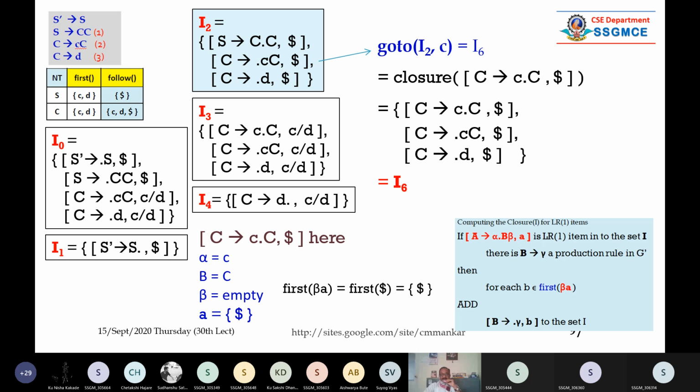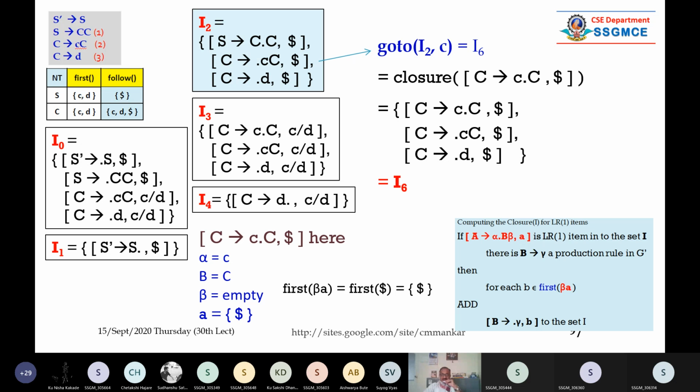So the rule is to keep this closure item as it is in the closure set. Then dot is in front of capital C, so you have to refer to the original grammar. For example, in the red color bracket, C is giving you small c and capital C, and C is giving you small d.